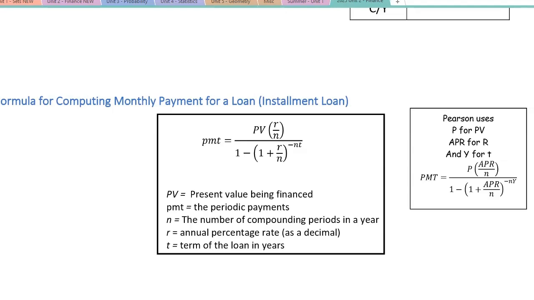A couple other things to note is that if you are entering this into your calculator, just doing the calculations, the exponent here on the denominator is negative, and that's important. The other part is we want to make sure we do this calculation of the 1 plus r over n raised to the negative nt.